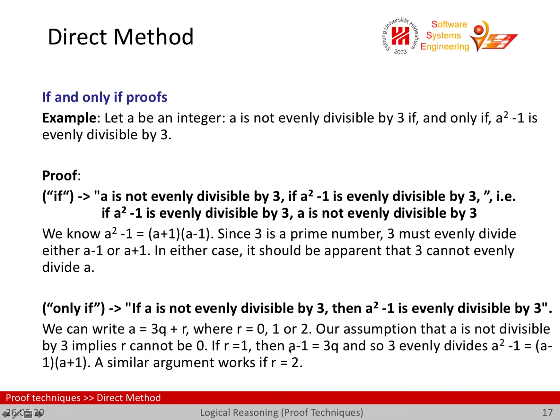If r equals 1, then A minus 1 is 3q, and so 3 evenly divides A square minus 1. Alternatively, we can make a similar argument with r equals 2. And in each case, because of the multiplication, then actually 3 is evenly dividing A square minus 1. So that's basically how this works.